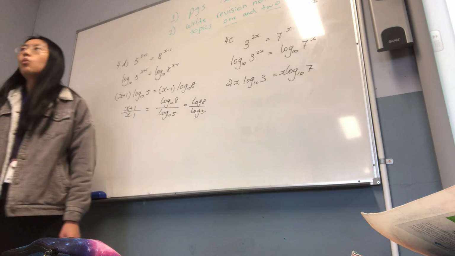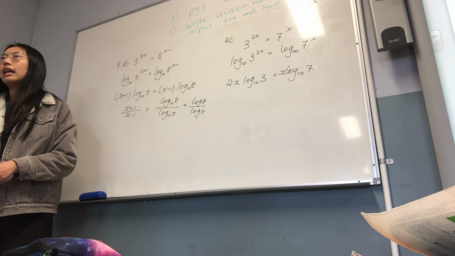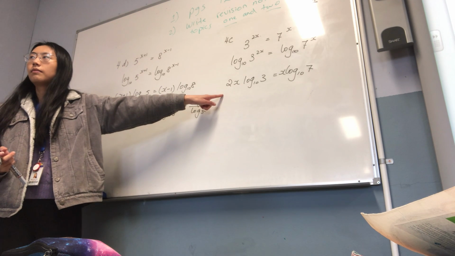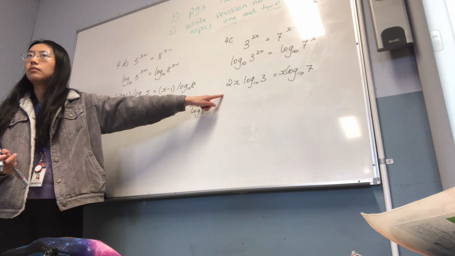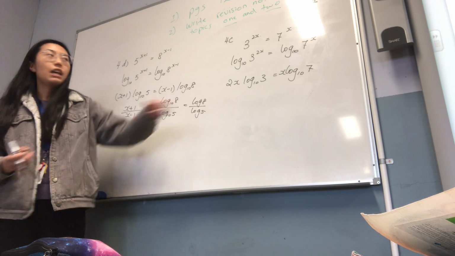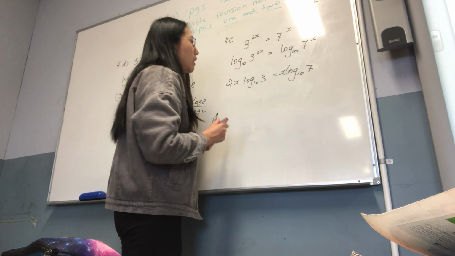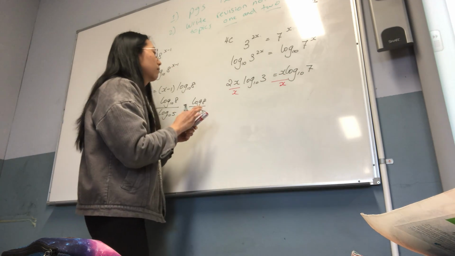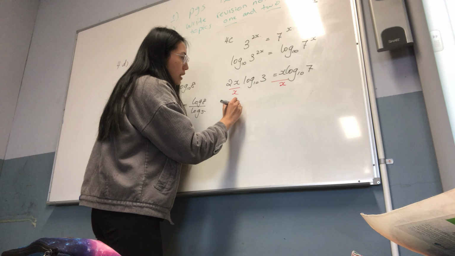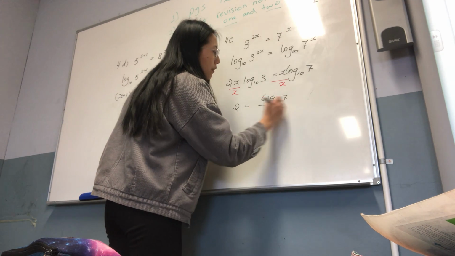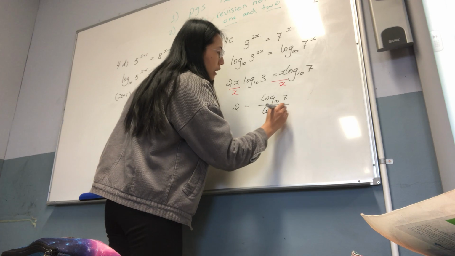But then, when you do the next step, you'll realize that if you take the x to this side, they get cancelled out. What does that mean? Let's try it. So if I divide both sides by x, I'll get, this is 2 equals log 10 of 7 over log 10 of 3.